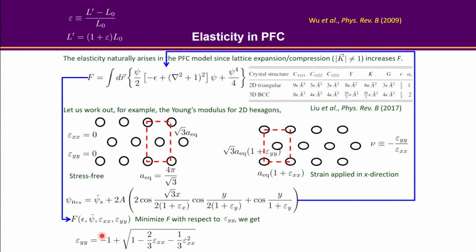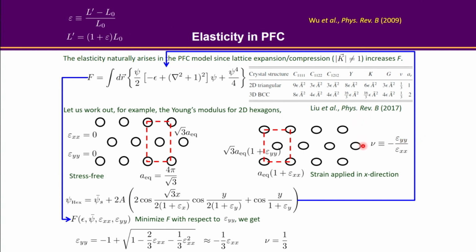So 1 and 1 cancel out. You are expecting the responsive strain in the y direction to be minus 1/3 of the applied strain in the x direction. You plug in here. You are always expecting this for a triangular lattice due to symmetry, even without a calculation, you are expecting this 1/3 to come out.